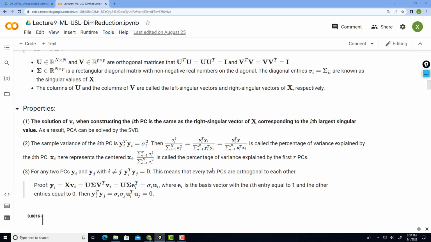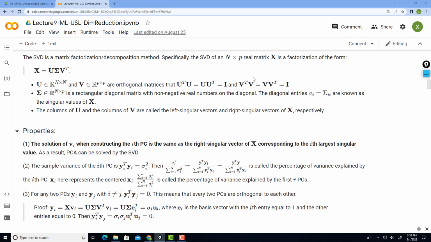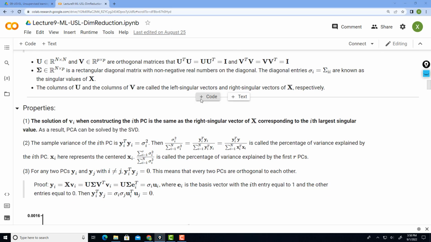You can check those two different objective formulations, and you derive exactly the same principal component directions. And the last part is that the different principal components derived from these optimization formulations are orthogonal to each other, because of the constraints we set up to make sure we get unique solutions.